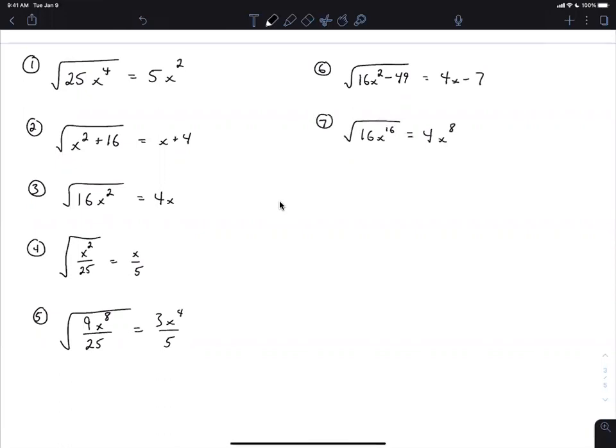So at least one is right. At least one is wrong. Let me know what you guys think.